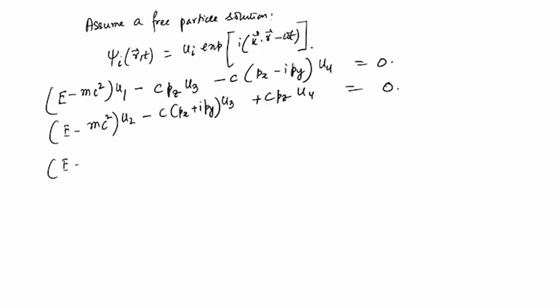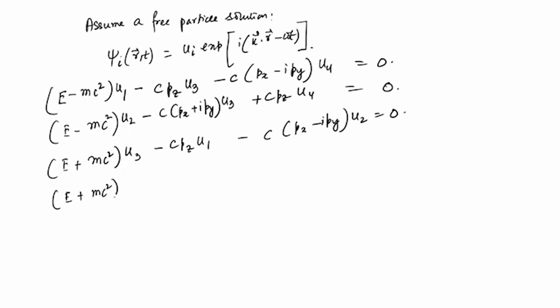Then we have (E plus beta m c square, beta has been put, so E plus m c square) u3 minus c p_z u1 minus c (p_x minus i p_y) u2 equal to 0, and (E plus m c square) u4 minus c (p_x plus i p_y) u1 plus c p_z u2 equal to 0. Okay. So these are 4 by 4 equations.